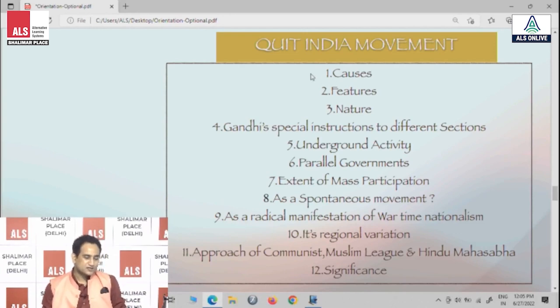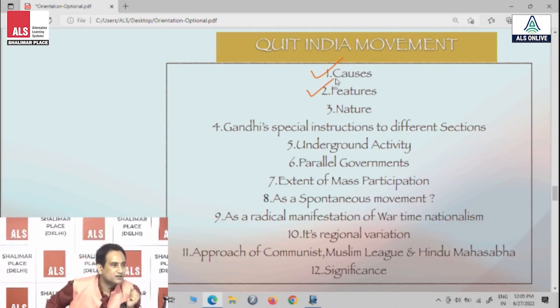We will discuss causes of the Quit India movement separately. You will write some points. Then we will discuss features of the Quit India movement. You will write some points. And don't think it is easy. Right now, if you have to write features of the Quit India movement, you would be in a problem because you will repeat the same idea again and again.